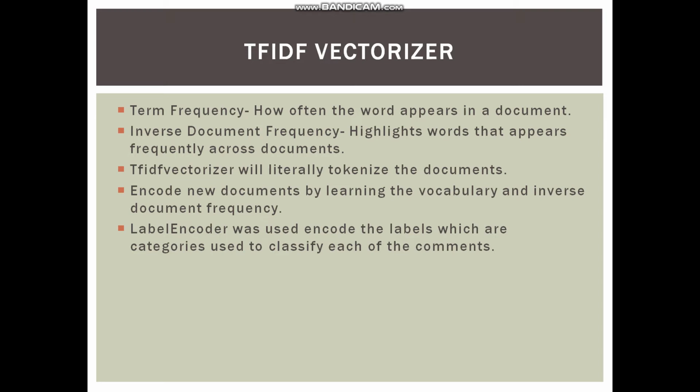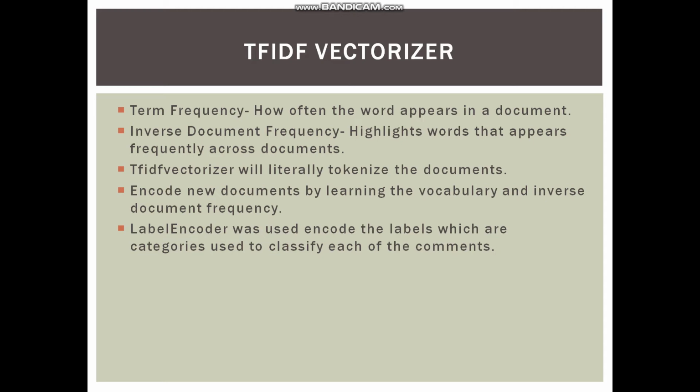So the term frequency is actually how often the word appears in a document, and then the inverse document frequency highlights words that appear frequently across documents. So this is the meaning of how the TF-IDF vectorizer works. The vectorizer will tokenize the documents and then encode new documents by learning the vocabulary and inverse document frequency.